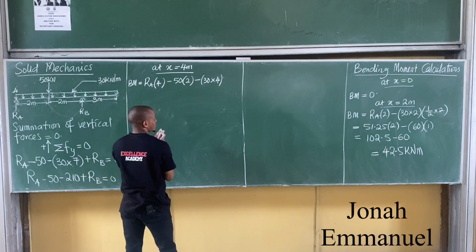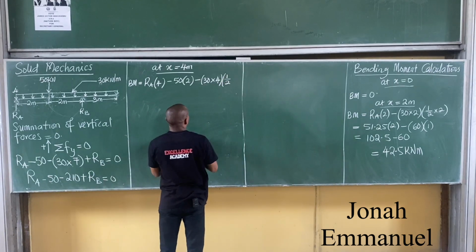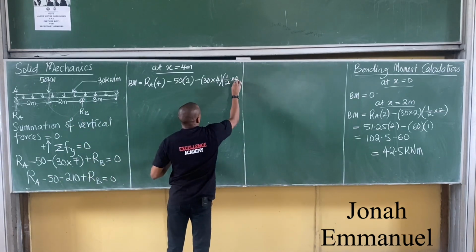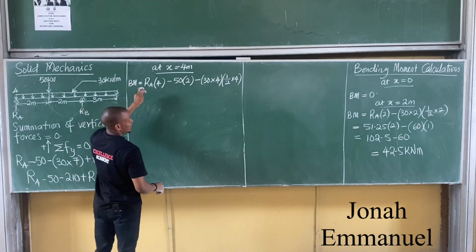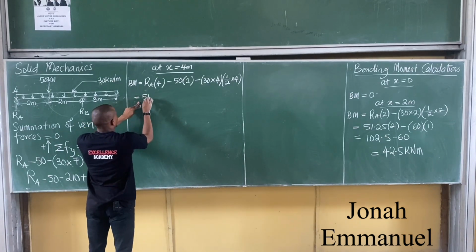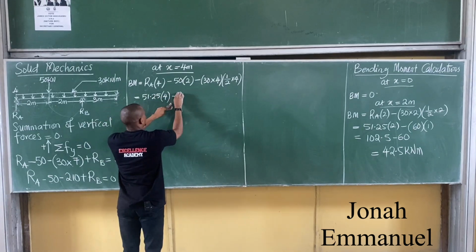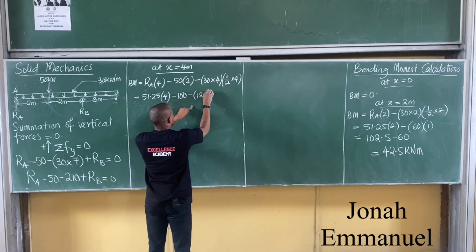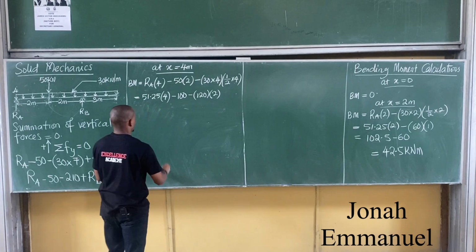This is the force. It acts at half of the length. The length is 4, so it becomes half times 4. This now becomes 51.25 times 4 minus 100 minus 120 into half of 4, which is 2.